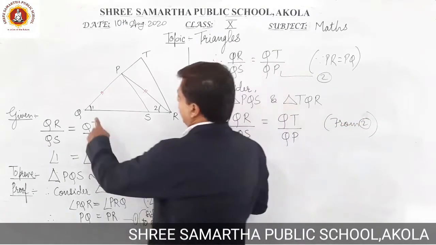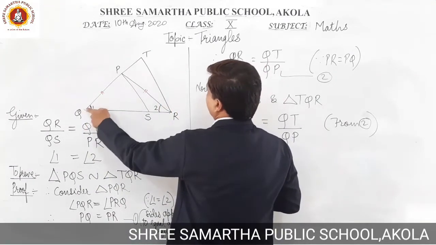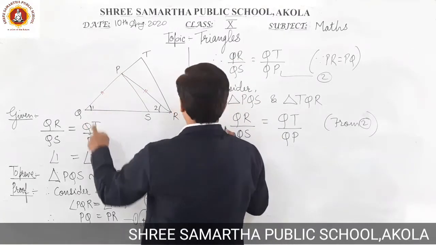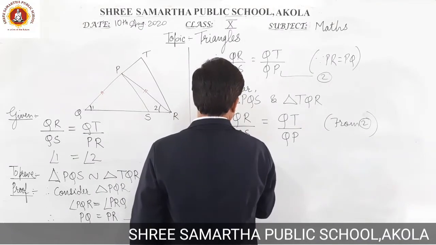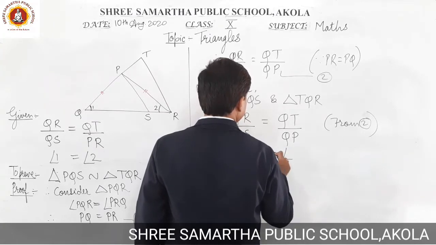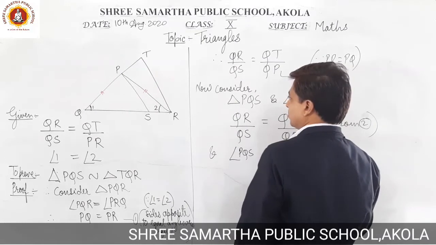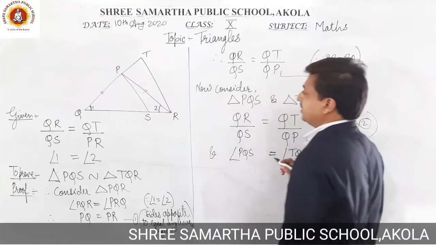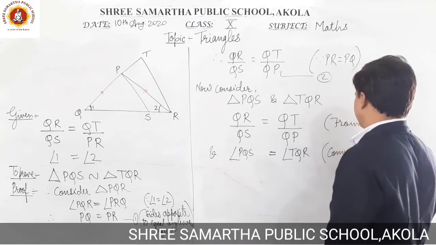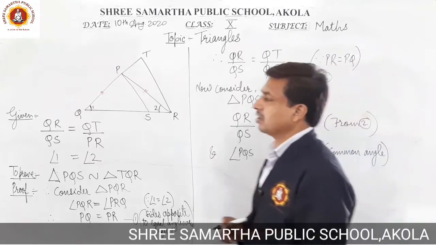And now the angle between these two sides, QR by QS and QT by QP, is common: angle PQS is equal to angle TQR, common angle. We have got this angle as a common angle.